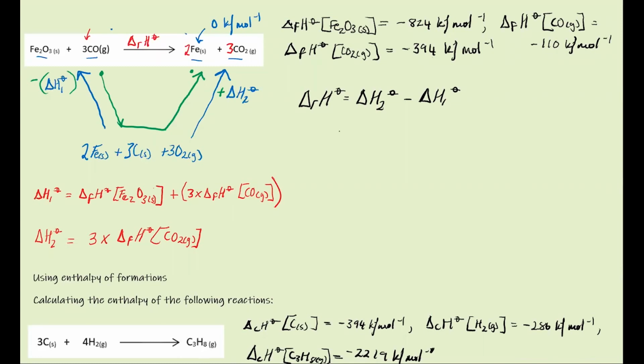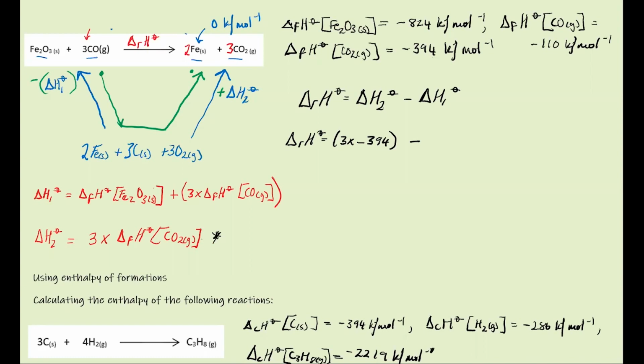Now we have 3 times the minus 394, which is for the carbon dioxide. This is part of delta H2. Let's put the enthalpy of reaction here, minus, now we've ignored iron, remember that we're only doing this one here.